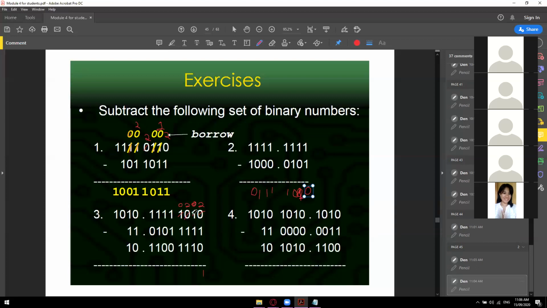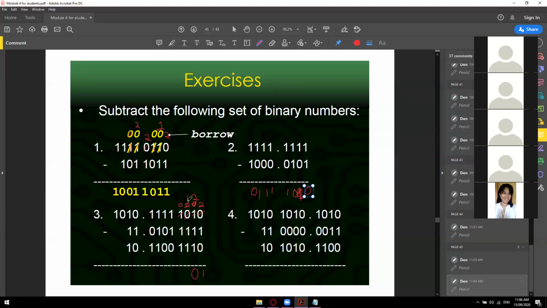Okay, so ngayon, balik ulit tayo dito. So, 0 minus 1 cannot be. Ngayon, pwede na tayong umutang since 2 na yung value nito. So, 2 will become 1, 0 will become 2. 2 minus 1 is 1. And then 1 minus 1 is 0.